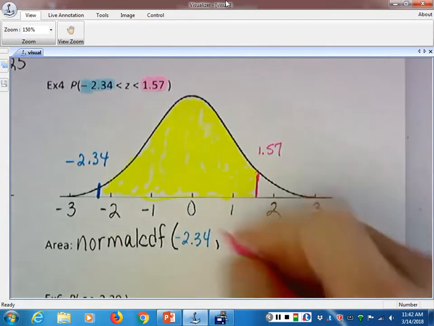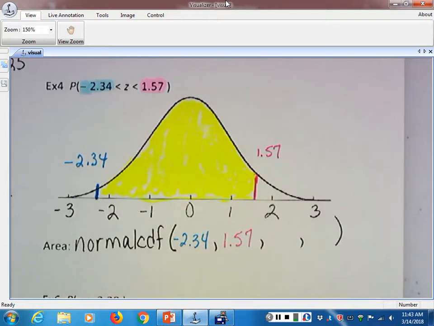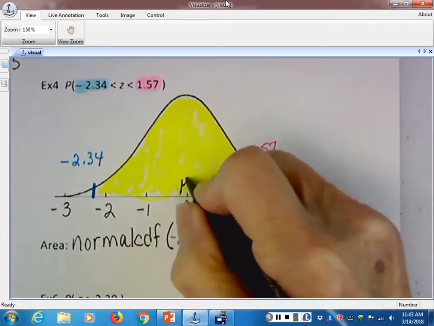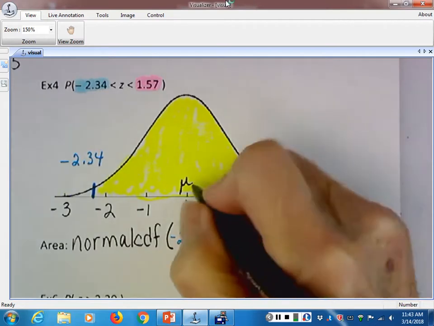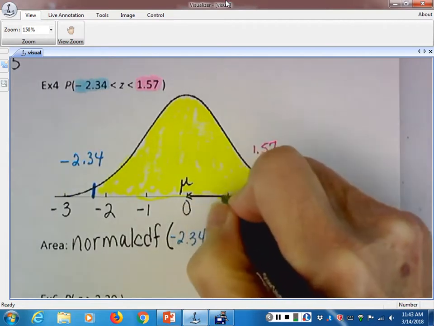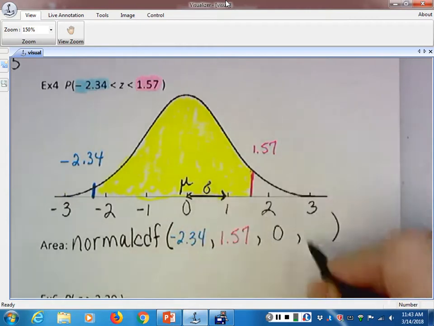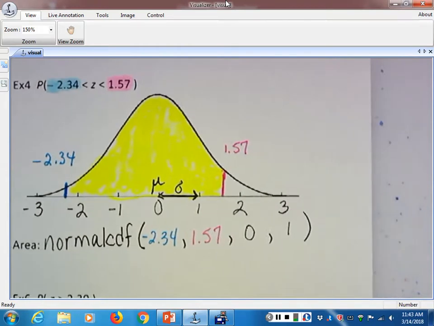The high is 1.57. The mean is 0. And the standard deviation is 1. So we're going to enter that into our calculator and see what we come up with.